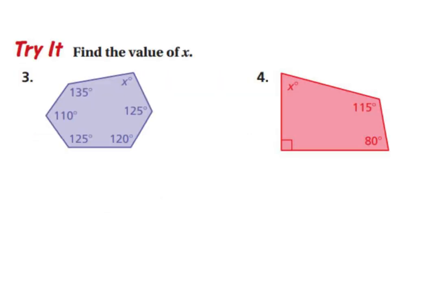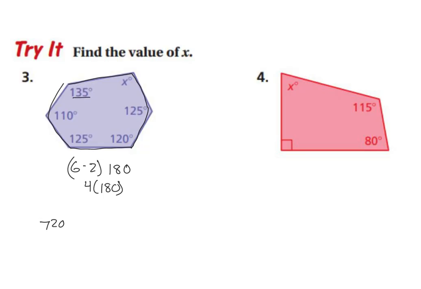Now you try it with these next two. First off, for number 3, count the sides. 1, 2, 3, 4, 5, 6. So 6 minus 2 times 180 is 4 times 180. So that's 720.